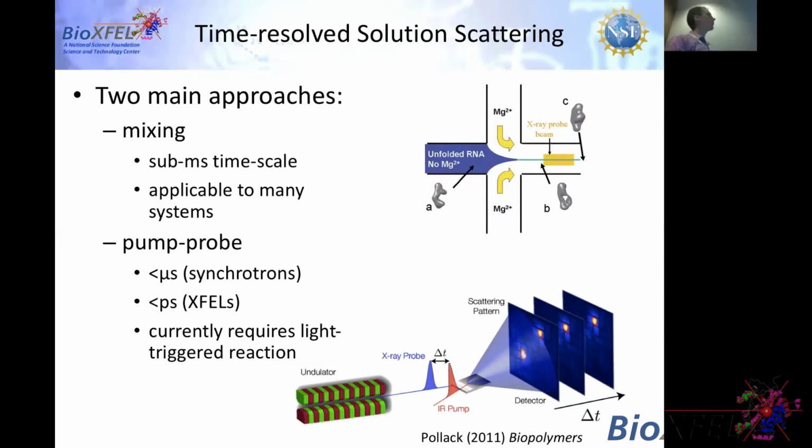Pump probe, however, even though it requires light-triggered reactions, has the main advantage that it can go down to sub-picosecond timescales, where it's essentially just limited by your triggering mechanism. In the case of pump probe, your triggering mechanism is that pulse of light, whereas in mixing, your triggering mechanism is whatever ligand or protein you're binding to, and so it's limited by those diffusion and binding constants.